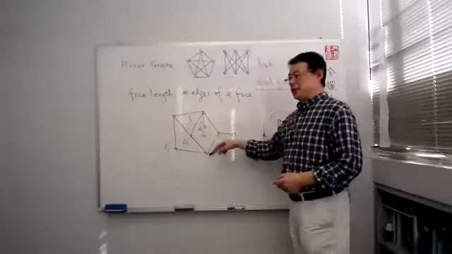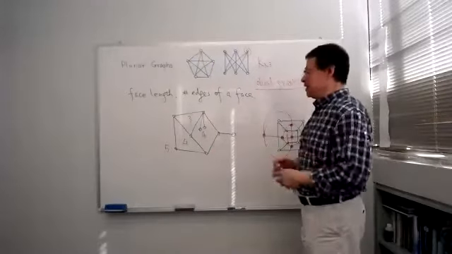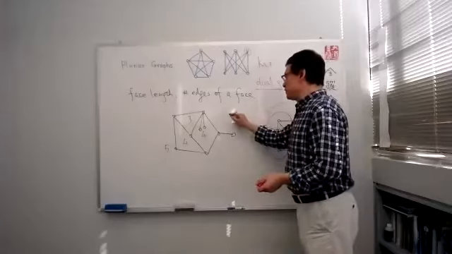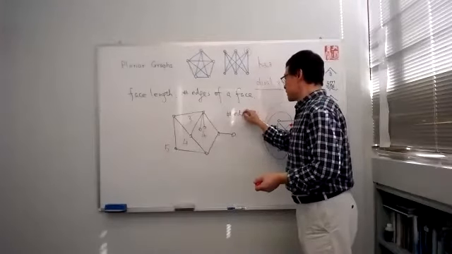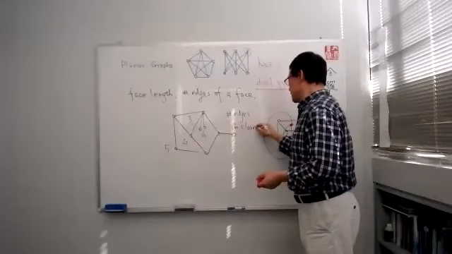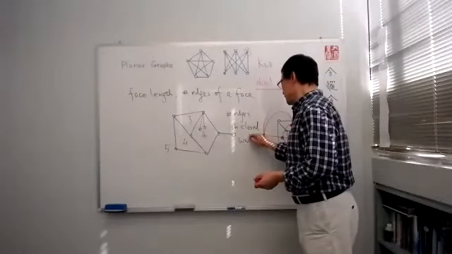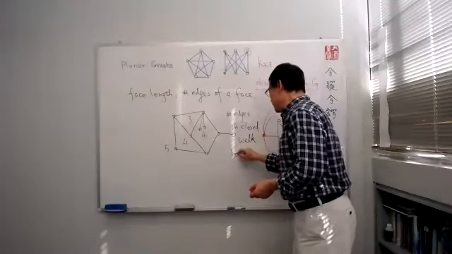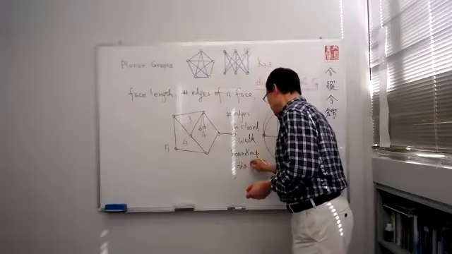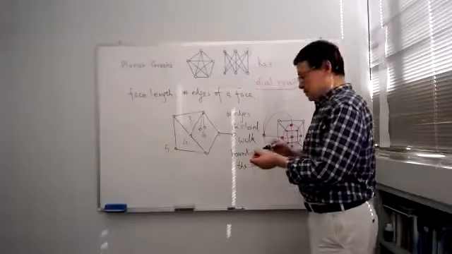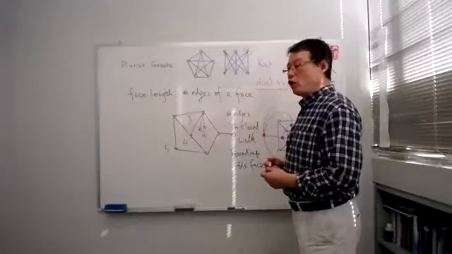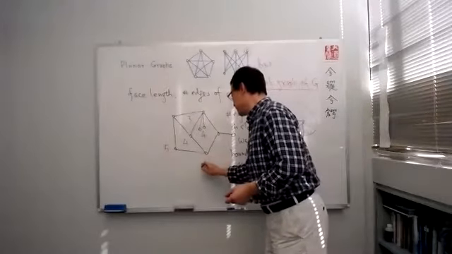It's not four, okay? Technically, what we need is the number of edges of the closed walk bounding the face. The face length of this one is not four, but eight.